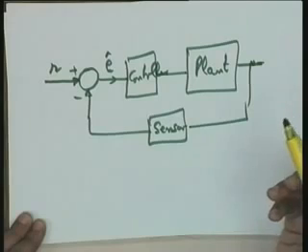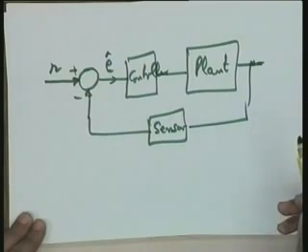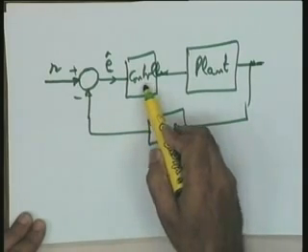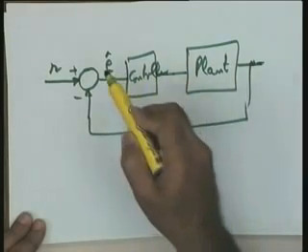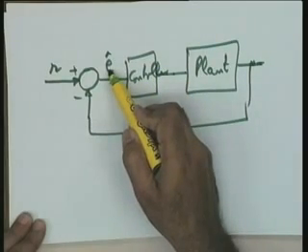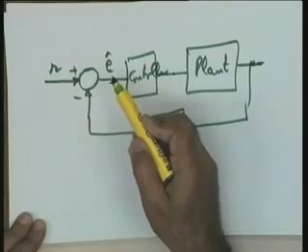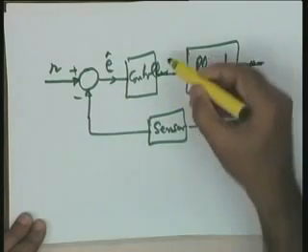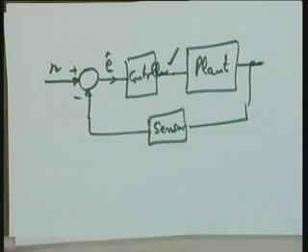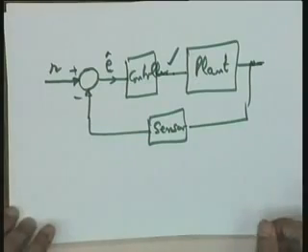The other situation, which is commonly used in industry, is that this controller generates a signal which is proportional to the error as well as proportional to the integral of the error. So, it means the signal at this particular point is a sum of two components, one component being proportional to the error itself and the other component being proportional to the integral of the error.